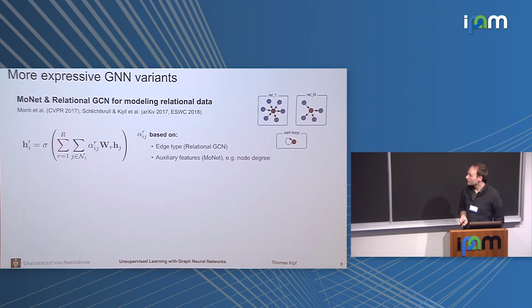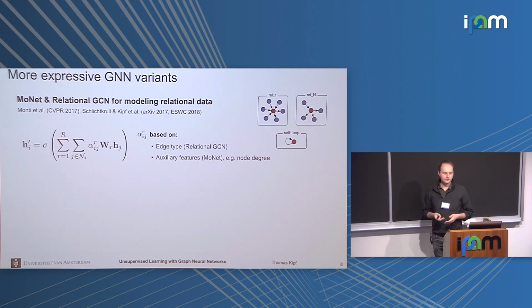And now if you want to make this model more expressive, there are certain extensions of this basic framework. So essentially they mostly follow this type of rule here. This is inspired by how a convolutional neural net would work on images.